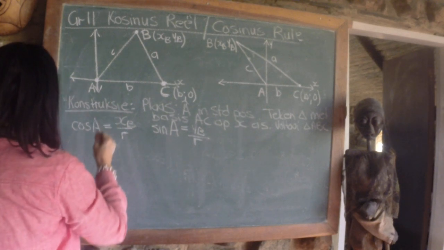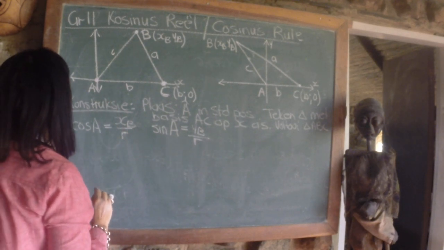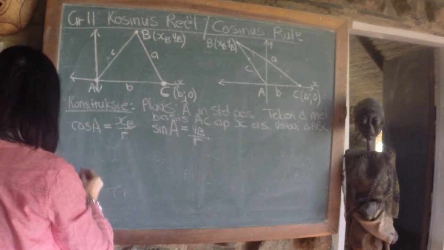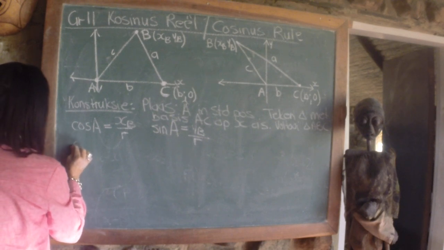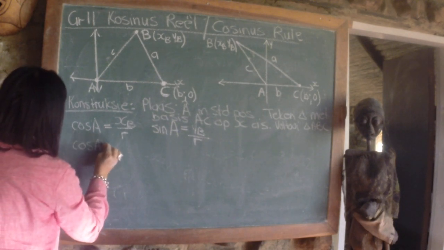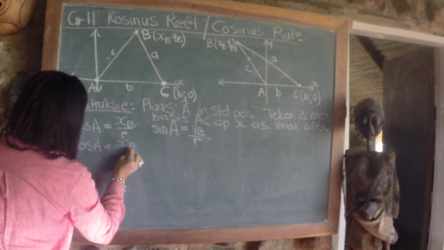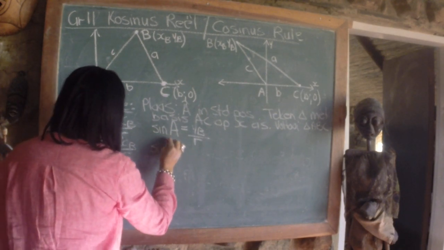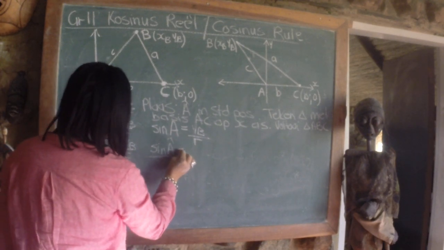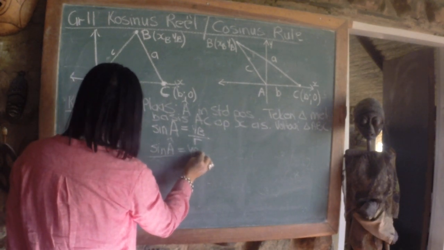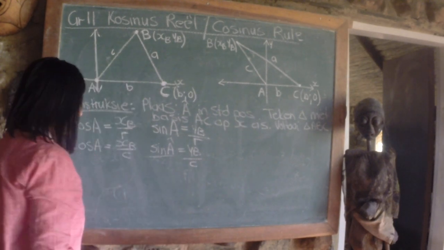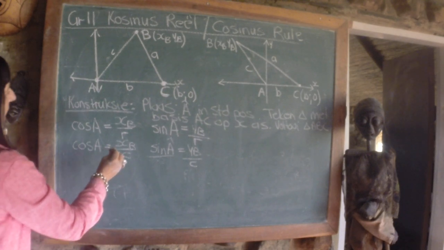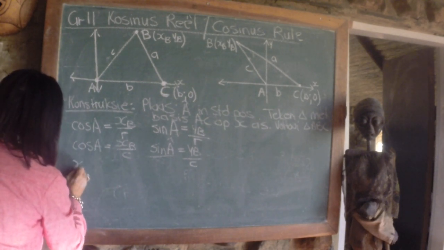So we can substitute the r value with c, that's the radius in this case. So we can say the cos of A is equal to xb over c and the sin of A is equal to AB over c.